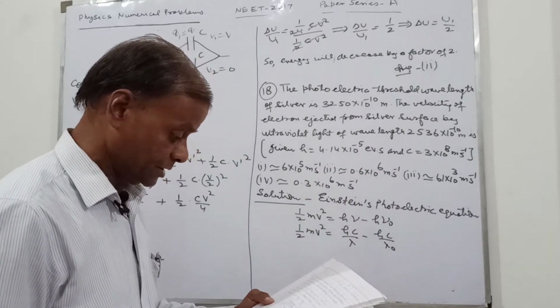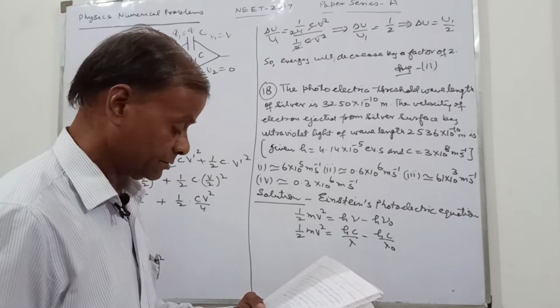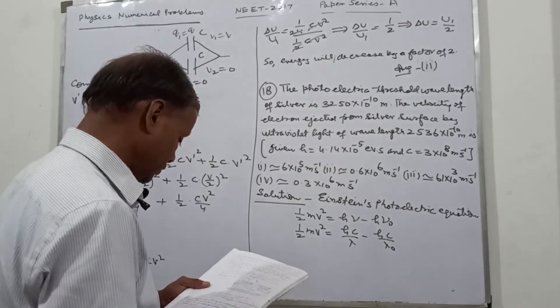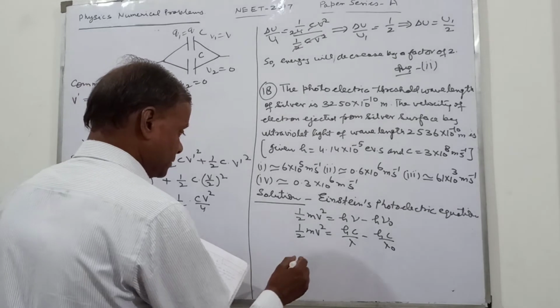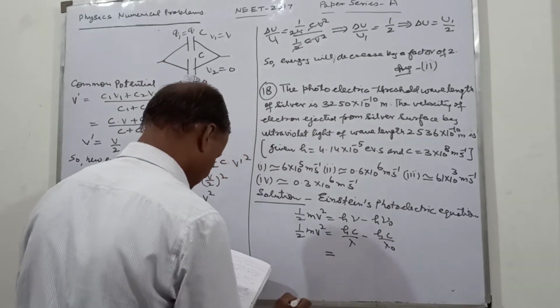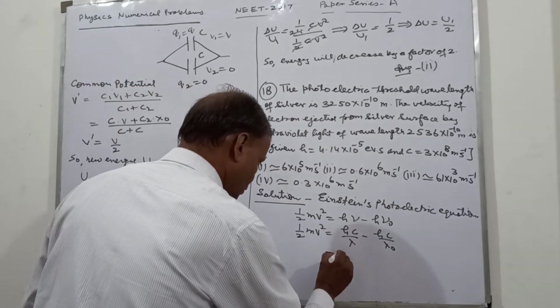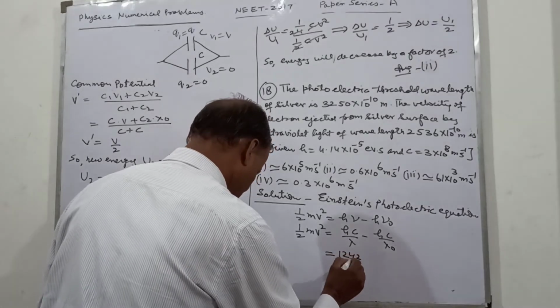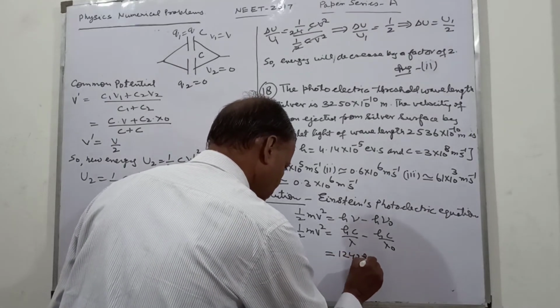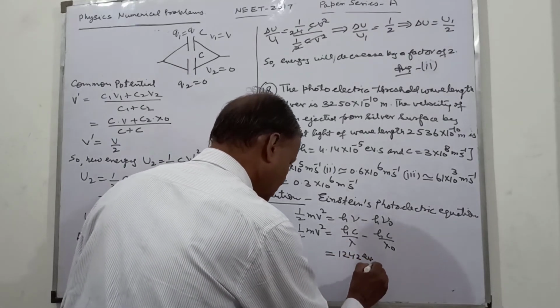So this you have to use it, and then you can find that hc is equal to 1242 electron volt nanometer.